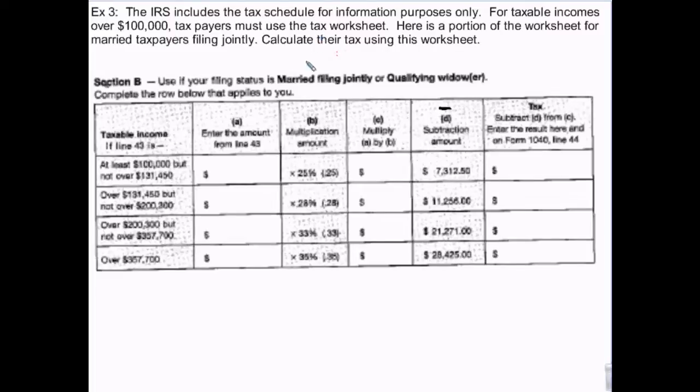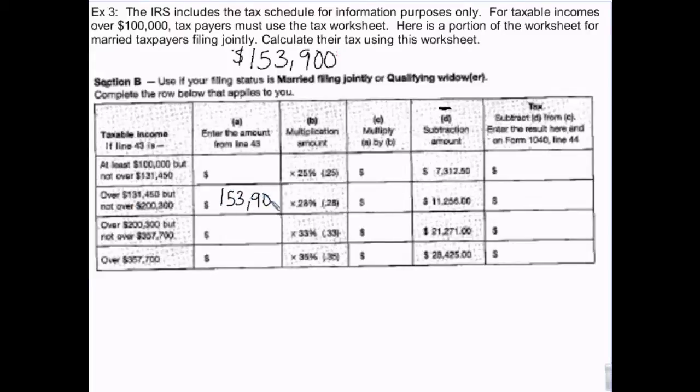So if we're still using Maria and Dawn, their 153,900 was their income. This is between 131,000 and 200,000, so they're right here.